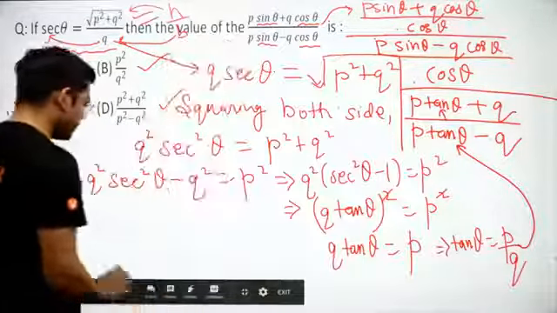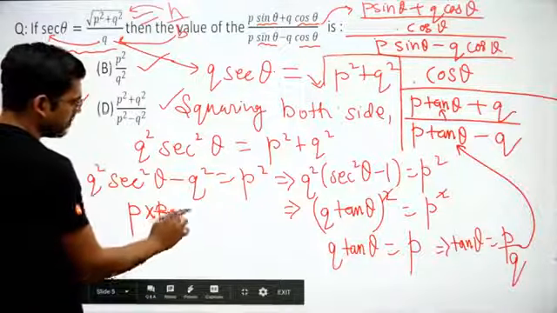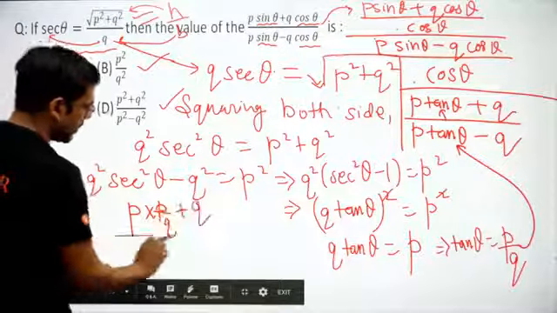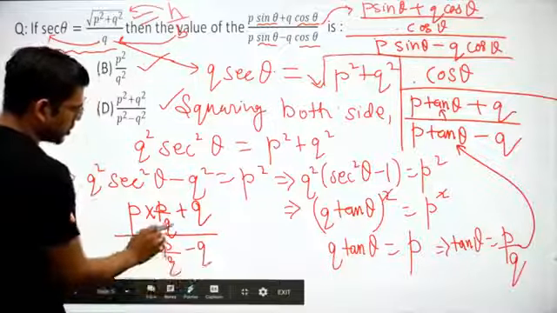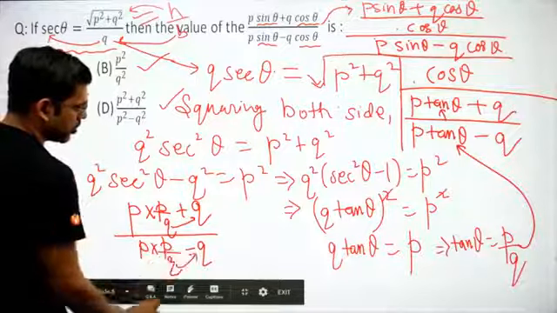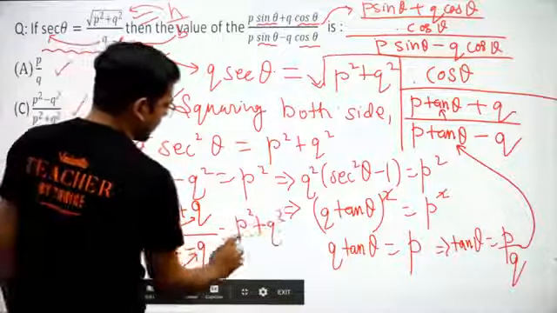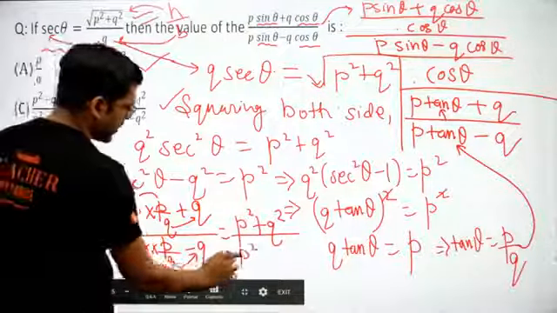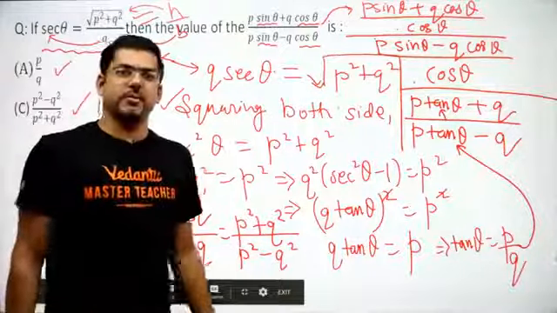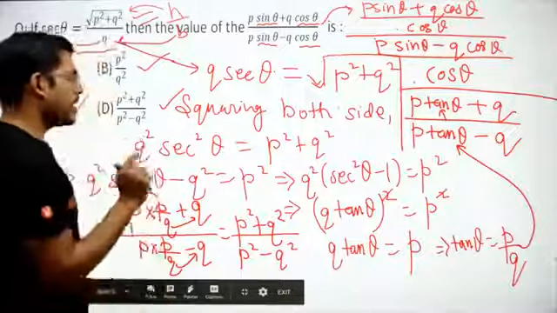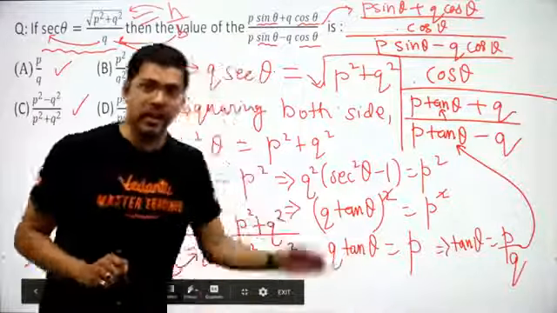It will be p into p by q plus q, divided by p into p by q minus q. So this q would go here, LCM, and this q would go here. Here it will make p square plus q square divided by p square minus q square. Although I used this many steps only to make you understand, otherwise I would have gone directly from here to this point and saved the steps.